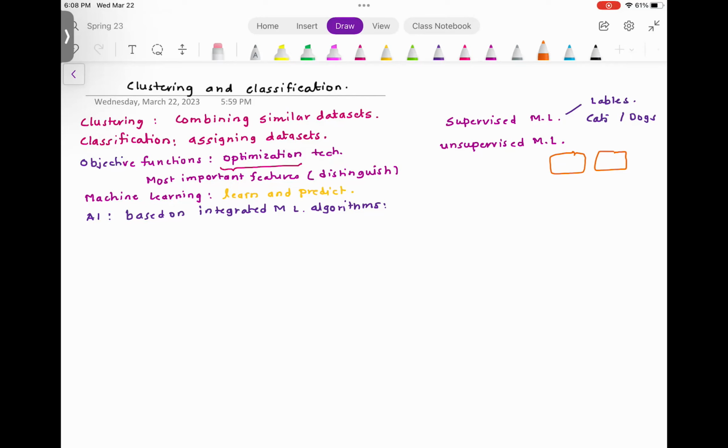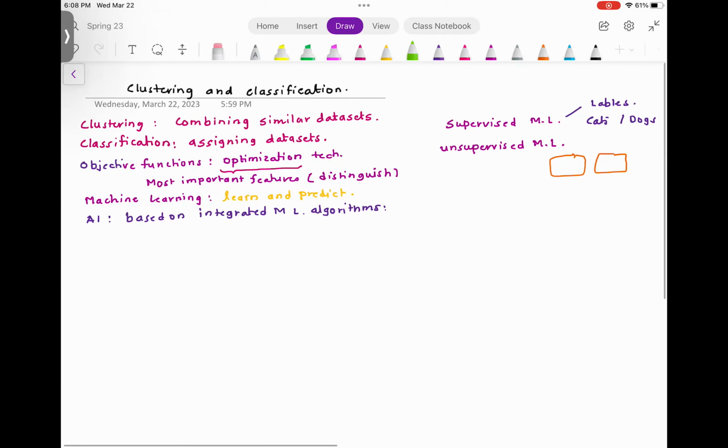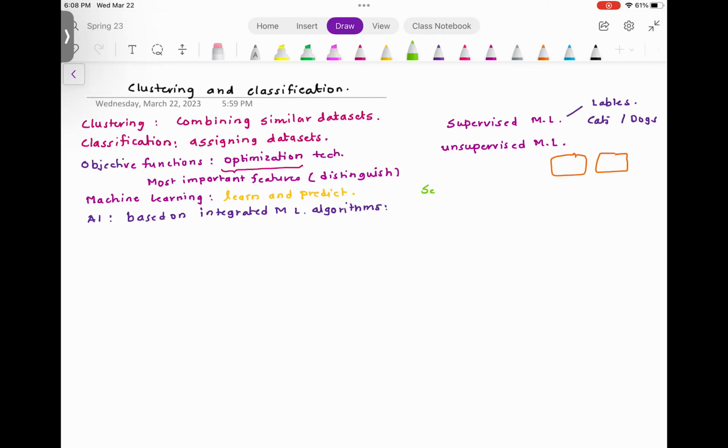Now, again, there are subtypes. One is called semi-supervised machine learning. In semi-supervised machine learning, you don't have the complete training data set.